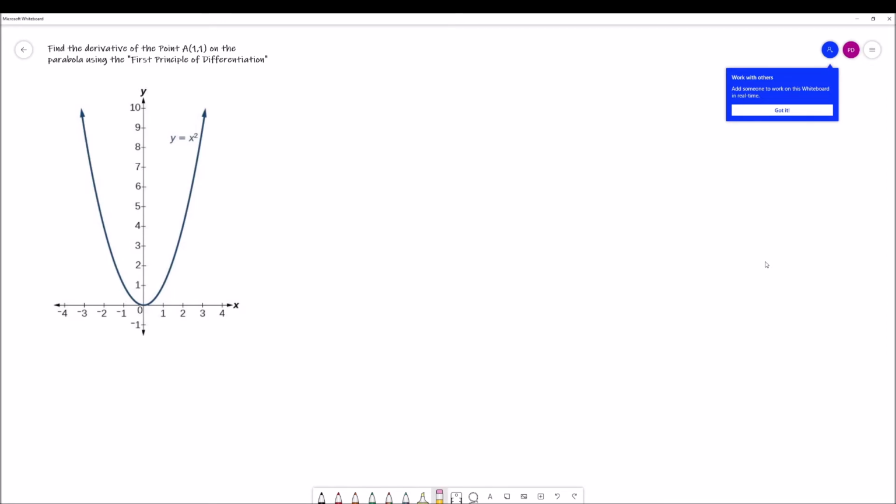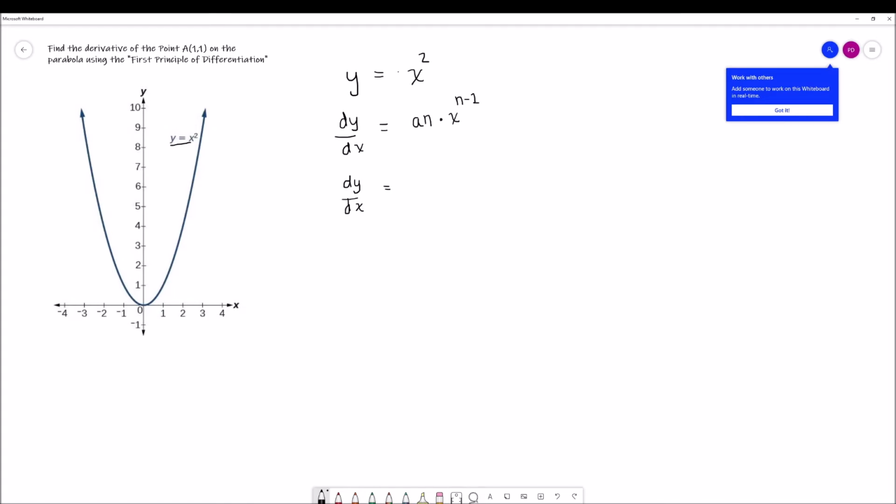Now, there's an easy way to do it, which I do not recommend unless you know how it is derived. So we can say y is equal to x squared. That's the equation of this curve. So the derivative of y with respect to x, if you follow the formula method or the power rule, is n times x to the power n minus 1.